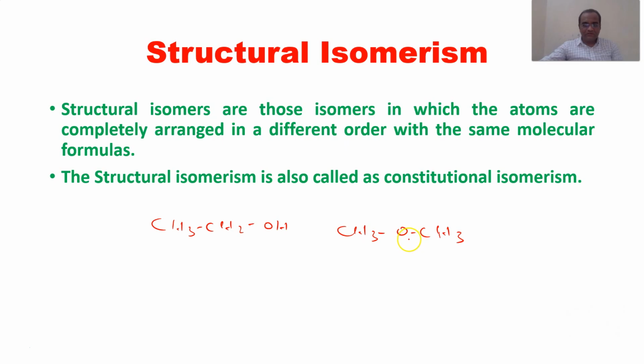So in these kinds of compounds, see here the molecular formula, it is C2H6O. Both are having the same molecular formula, but there is only a difference in the arrangement of atoms, right? So the arrangement of atoms is different, and that is why they are said to be structural isomers.